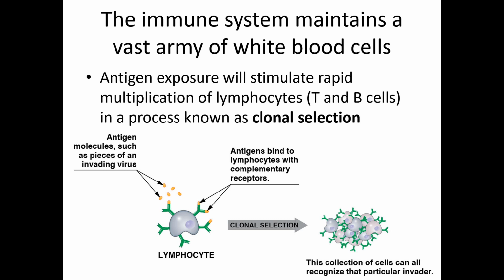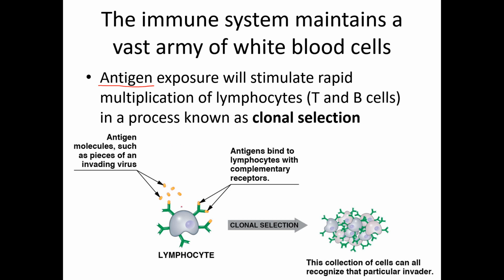So you have a certain stockpile, for lack of a better word, of white blood cells. But what happens is when they get stimulated, when they are presented with antigen, that stimulates them to divide, to begin building this clone army. This is called clonal selection.